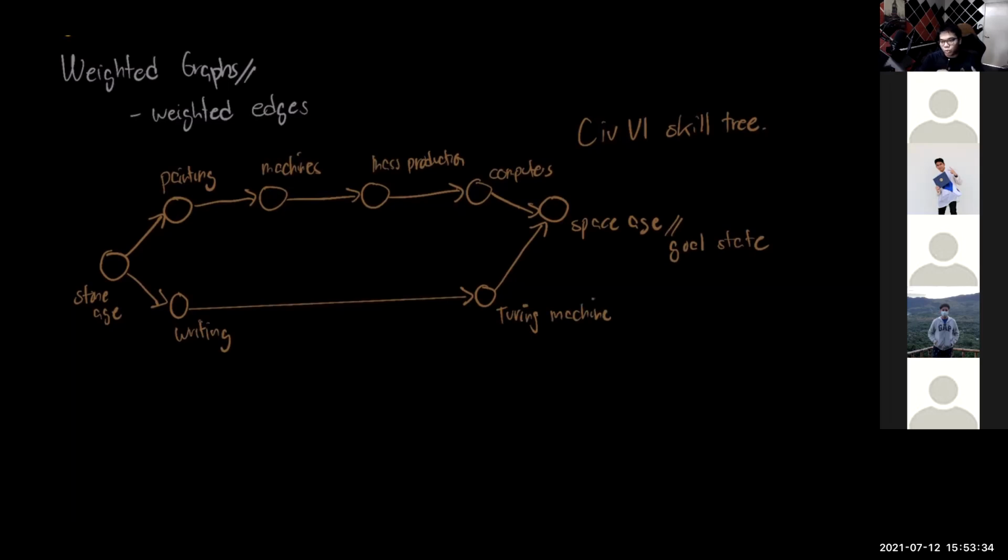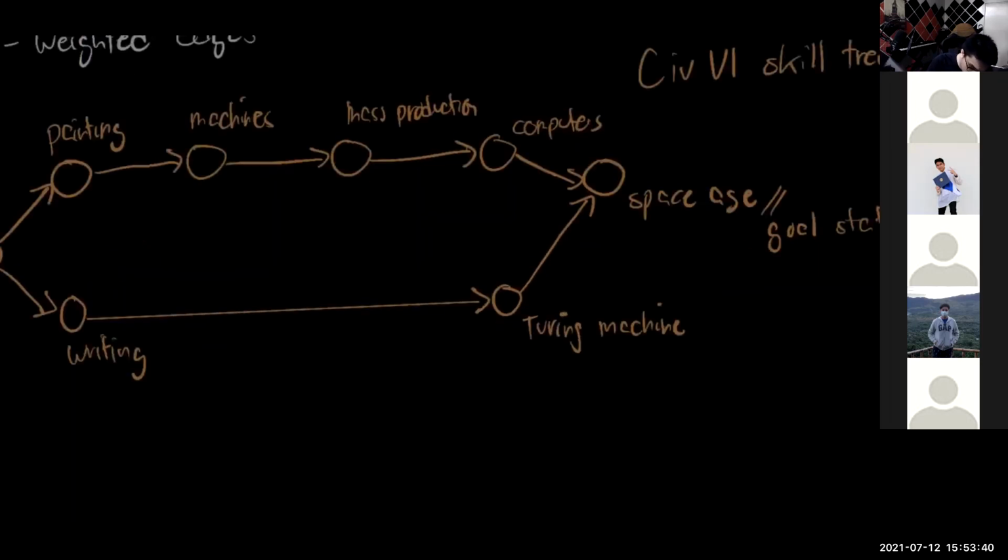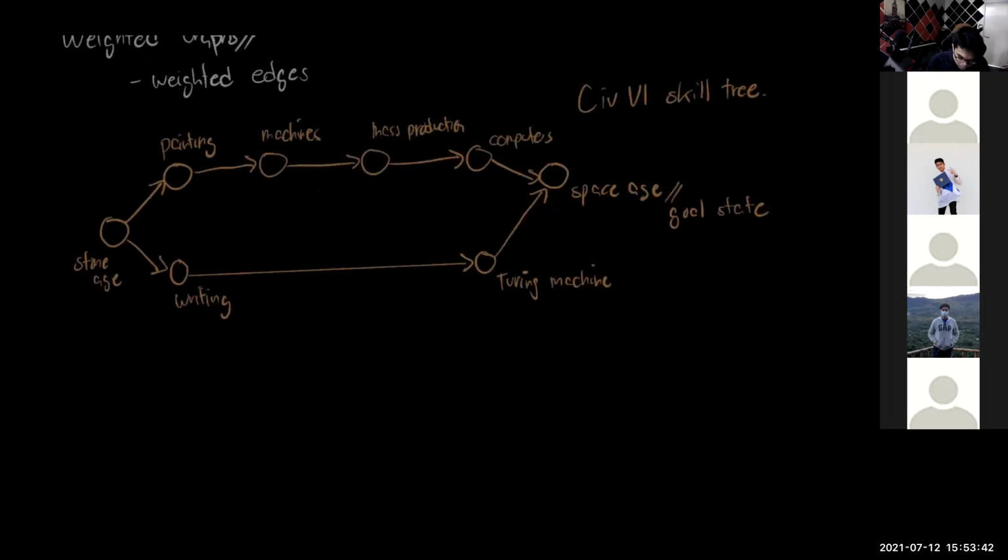And let's say that there are weights to the edges. How long does it take for us to develop these technologies? Let's say for painting from the Stone Age, it's maybe in hundreds of years, so this is 1 year. From painting to machines, we get 3 years. Let's give the edges a different color. So this is 1, this is 3, this is 15, this is 5, and this is 2.